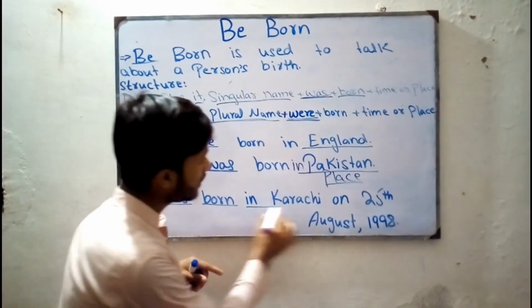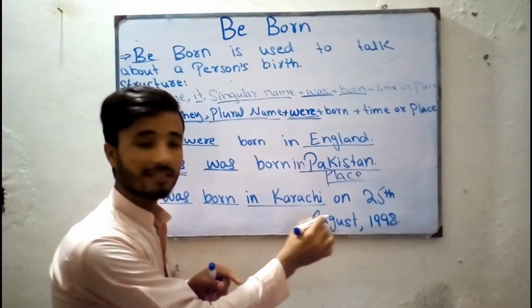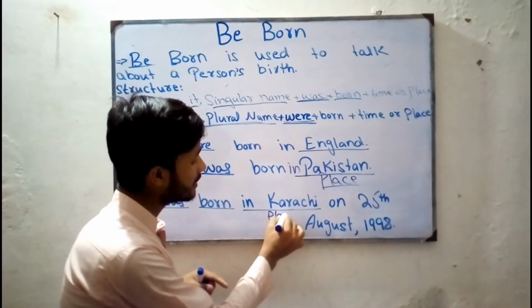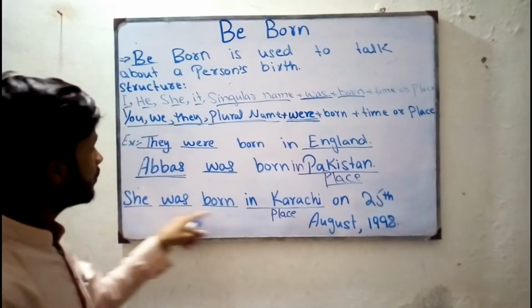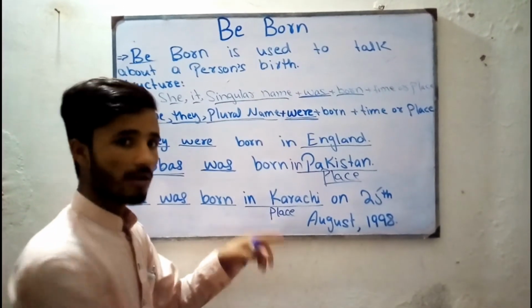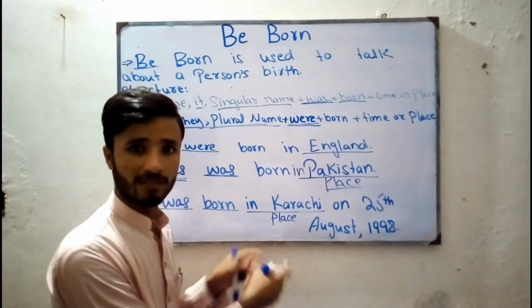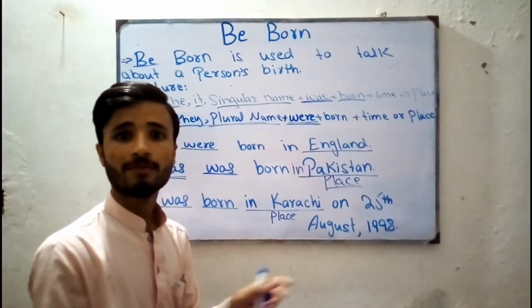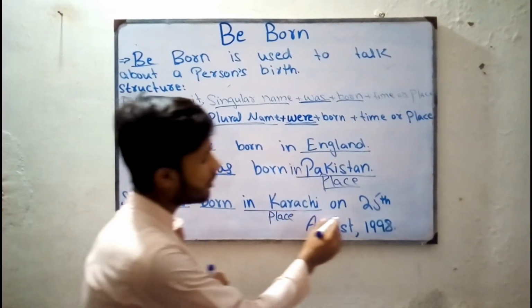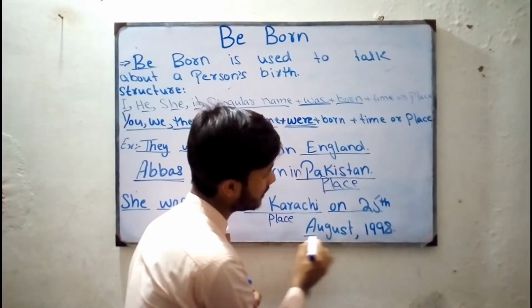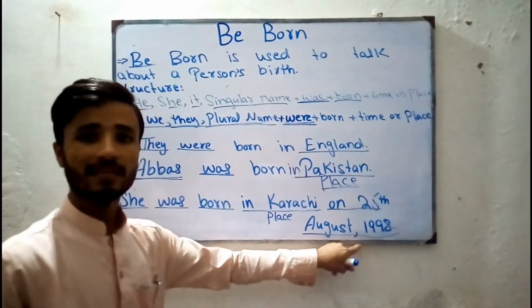Then in Karachi is a place, right? Karachi is a city name which is located in Pakistan. So she was born in Karachi. So I came to know about her birthplace. Now I want to know about her birth date, right? Date or time. So she was born in Karachi on 25th August 1998.